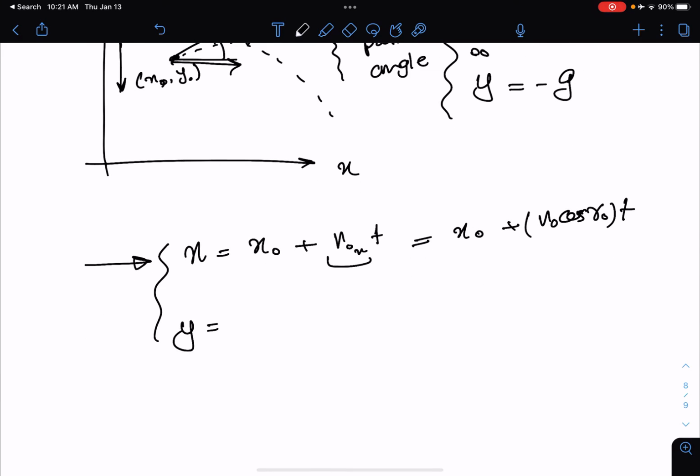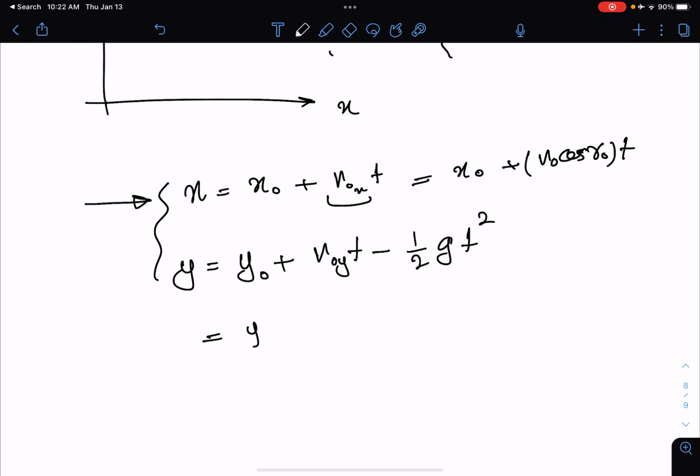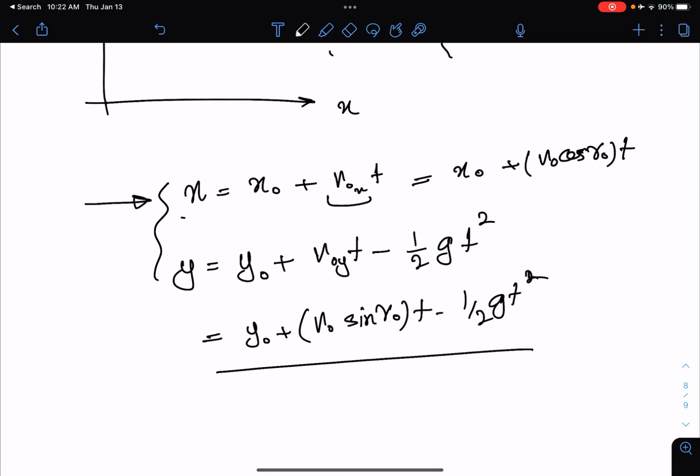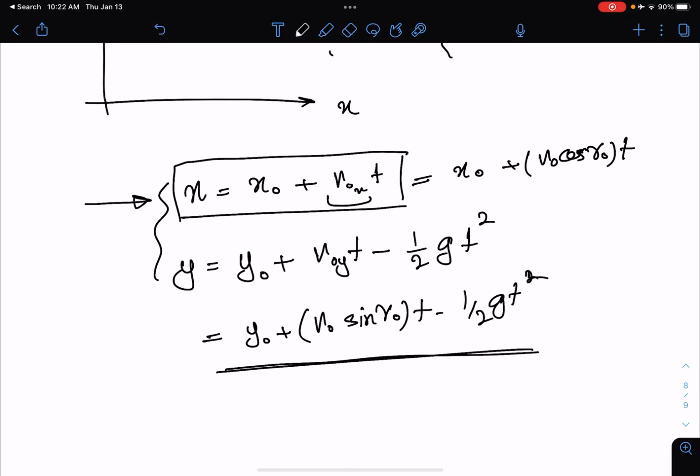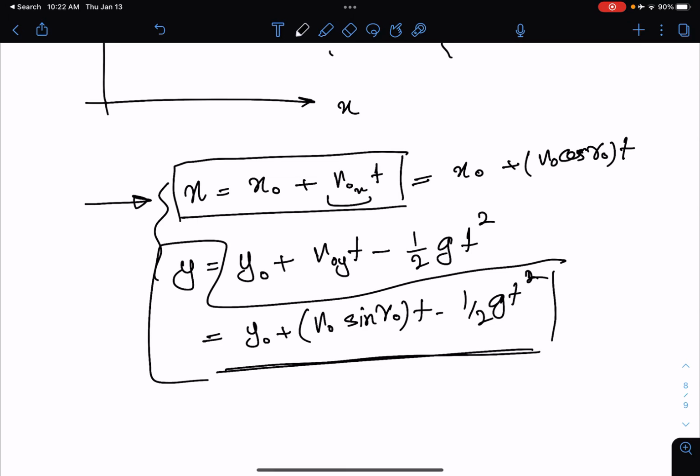We should do the same thing for y. y is going to be equal to y naught plus v naught y t minus 1/2 g t squared. These are the very famous equations of motion for accelerated motion. v naught y here is going to be v naught sine of gamma naught. So we have the equations of motion in two directions as a function of t.